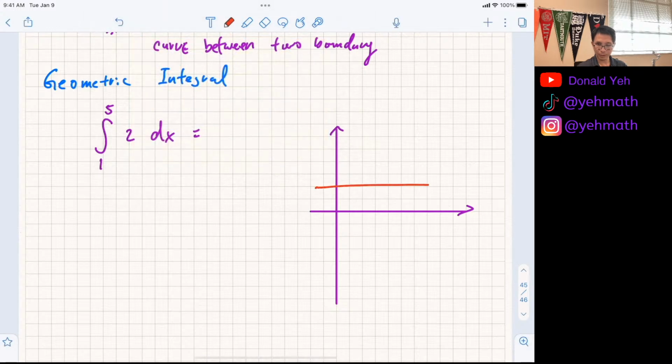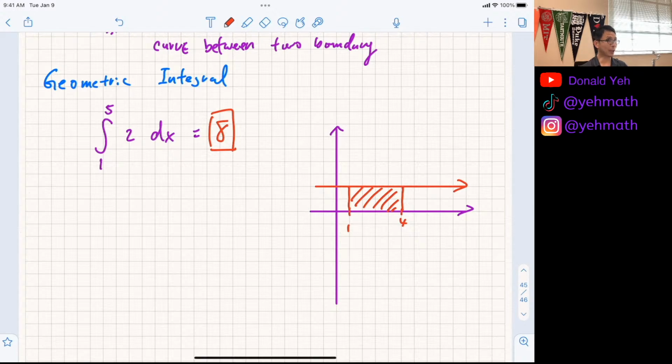So I'm just gonna have 2, and between the two boundaries, 1 and 5, you can basically just find this area, which is 2 times 4. 2 times 4 is 8. So the answer is 8. So definitely understand the geometric understanding. If you start by understanding that this is a definite integral, it's the beginning.